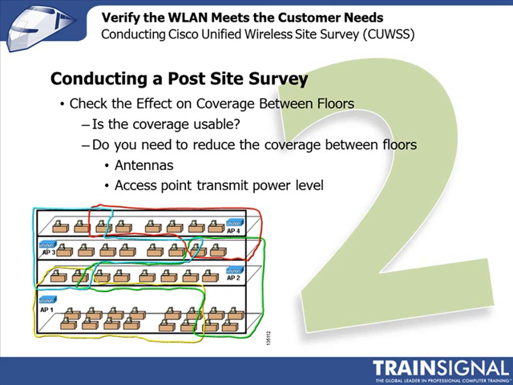If you're looking at coverage in a multi-floor deployment, I would also suggest that you check your measurements between floors as well. There are some deployments where if you place the access point and the antenna on the ceiling, you can actually provide coverage to the floor above as well as to the floor below.